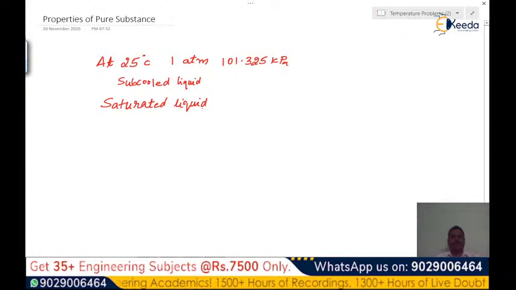If heat is added beyond this, it starts changing its phase. That is why it is called saturated liquid, and that is the last point as a complete liquid.